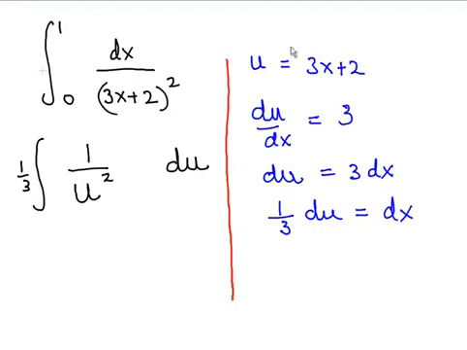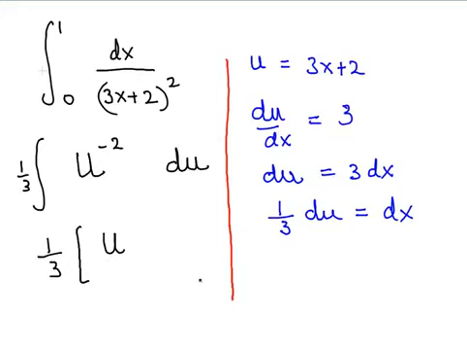Now, what I'm going to do is quickly rewrite that as u to the power of minus 2. Now, integrating that, we get 1/3 by u to the minus 1 over minus 1, plus c.